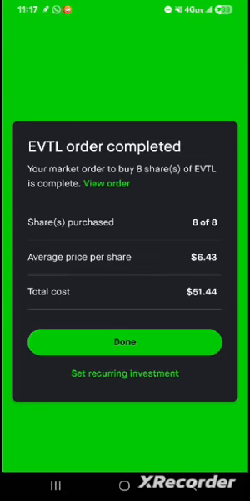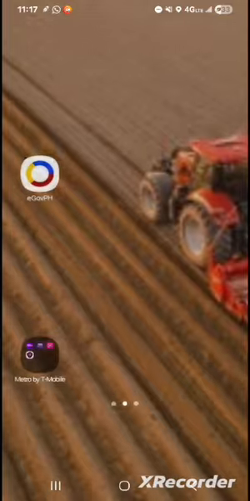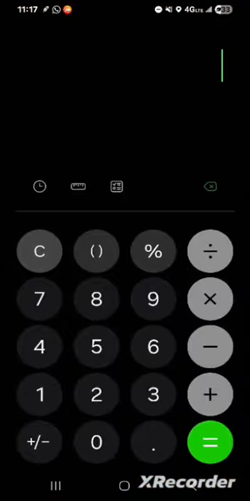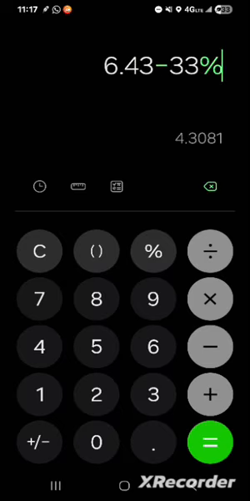Okay, so our average price per share is 6.43. So I want to go back to the calculator. 6.43 minus 33%, 4.30.